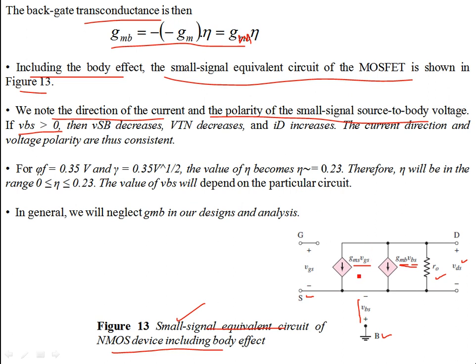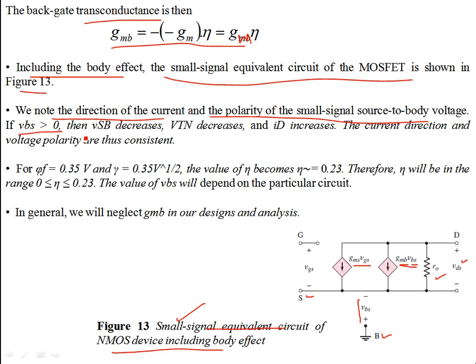It's the same as for the NMOS device. Due to a non-zero bulk source AC component, if it exists, the direction of the current generated due to the bulk source is the same as that generated by the VGS, the input voltage at the gate terminal.